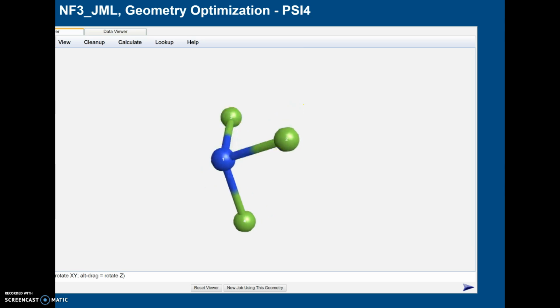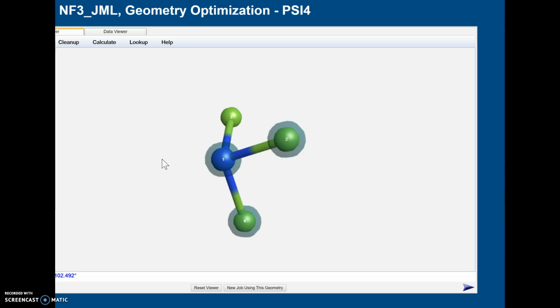So when we measure these bond angles, we're expecting a smaller number, which is what we get. We get 102.492 degrees, which is smaller than the 109.5 that we got in the VSEPR theory geometry. This is because the VSEPR geometry does not account for differences in electronegativity in the bonding atoms.